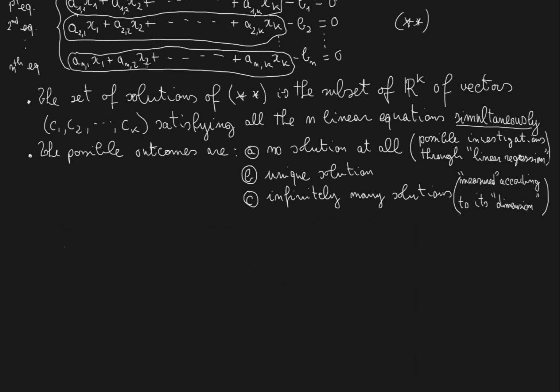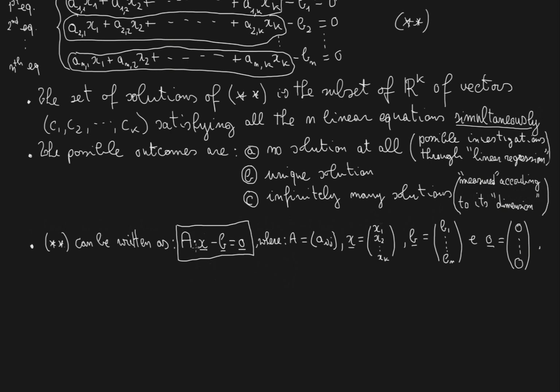Using the vector space structure that we introduced on matrices in the previous lectures, we can rewrite this system of linear equations in terms of column vectors. Here is the writing.